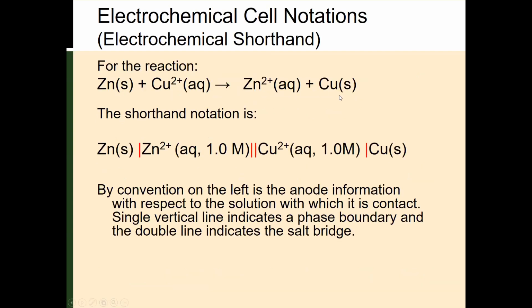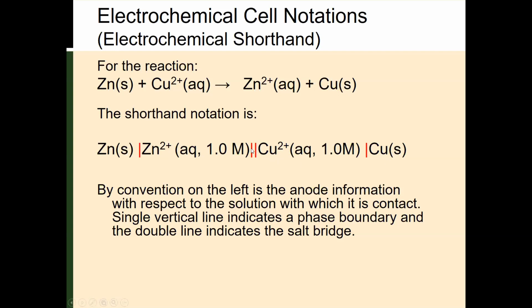Okay, so for this reaction, there's a shorthand notation that you probably ought to be familiar with. Zinc goes to zinc 2+. That's the oxidation. So we list that first, our element before and then our product. This is the concentration. Notice the zinc 2 plus is aqueous. Copper 2 plus is aqueous at 1 molar to copper solid.